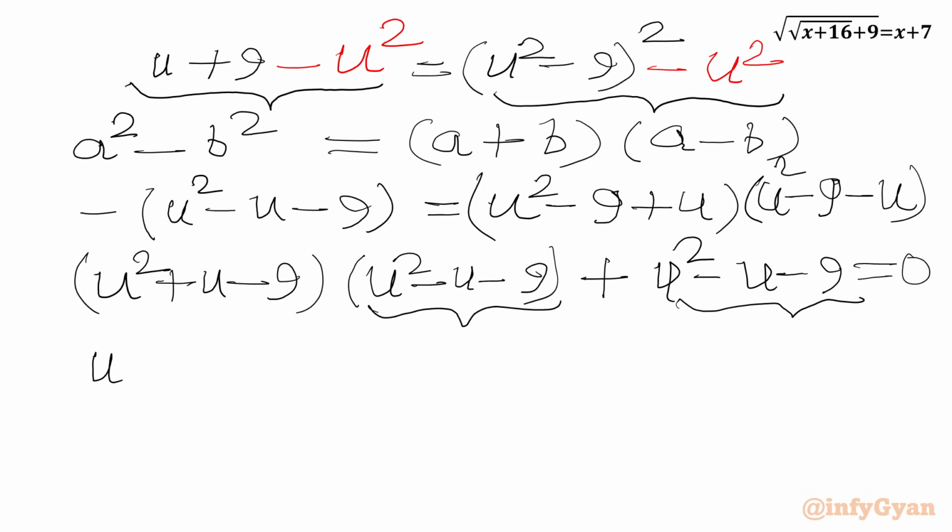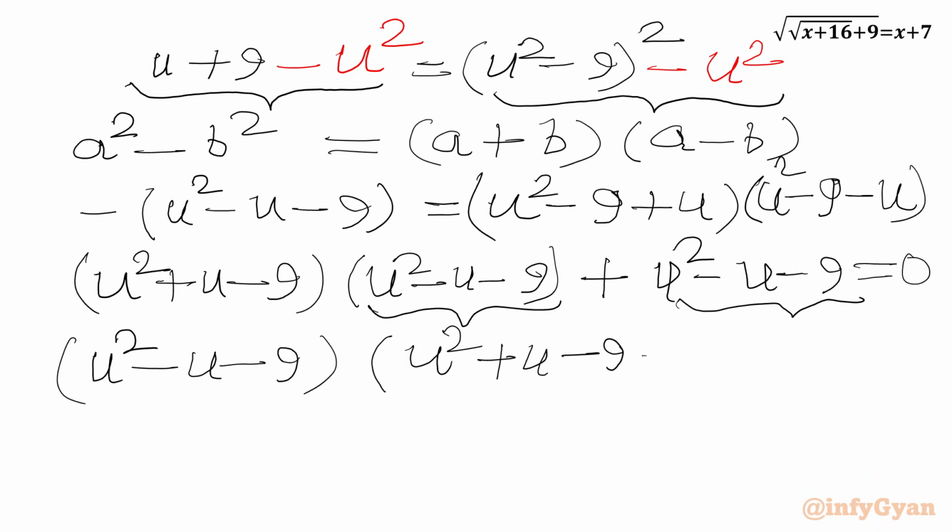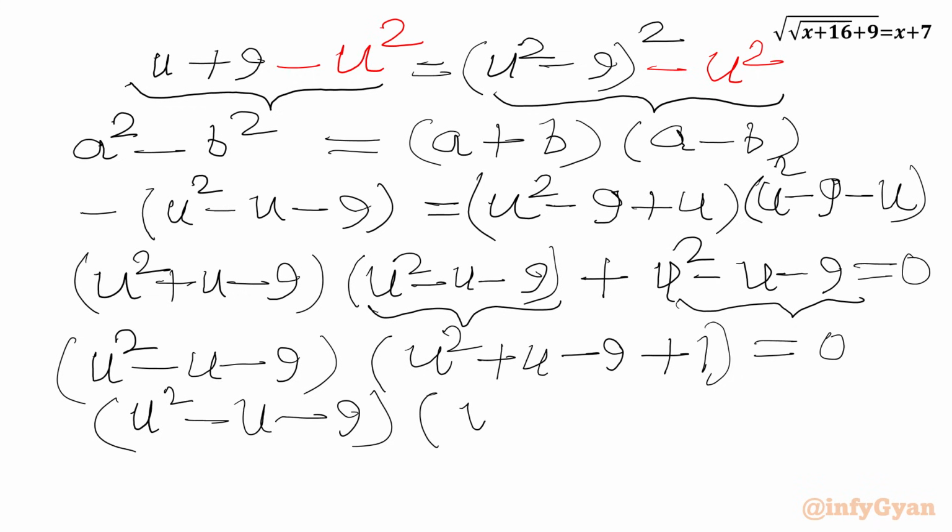So we will write here u square minus u minus 9 common, and in the other bracket u square plus u minus 9 plus 1 equal to 0. Or we will write u square minus u minus 9 times u square plus u minus 8 equal to 0.